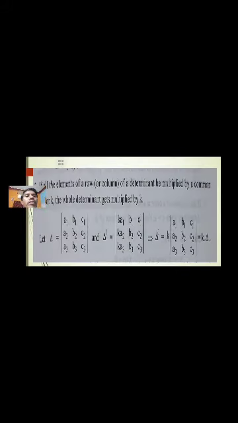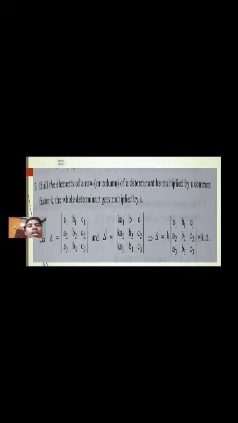Next, third property, if all the elements of a row or column of a determinant are multiplied by a common factor k, the whole determinant gets multiplied by k. So suppose the determinant of the matrix is 5, if you multiply any row or column by 2, then the determinant becomes 2 into 5.